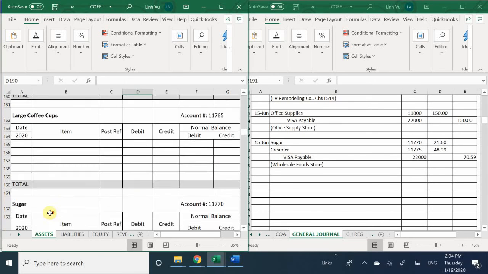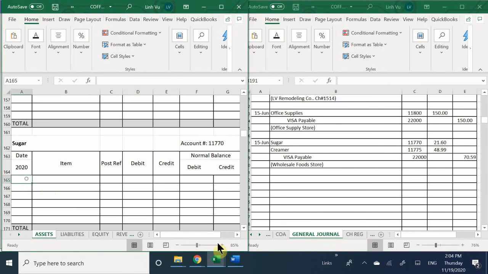Okay, and 615. And we're going to put in 60 pounds of sugar. Or 60 pounds, that's it, not necessarily sugar, right? Whatever makes sense to you. But yes, we are in the sugar account, so it makes sense to only put 60 pounds. Okay, and then we're going to put the 2160 in the debit.